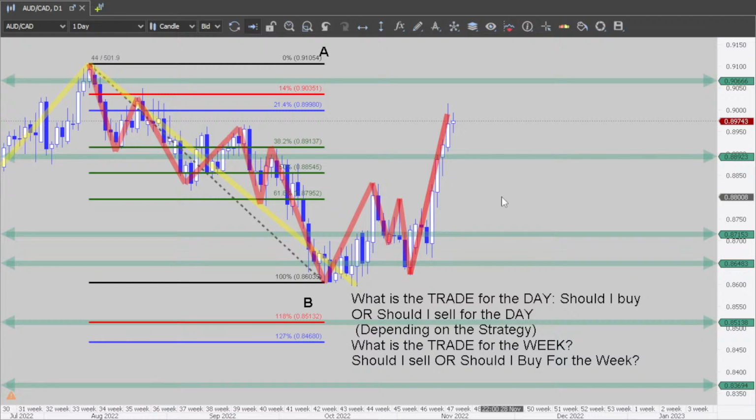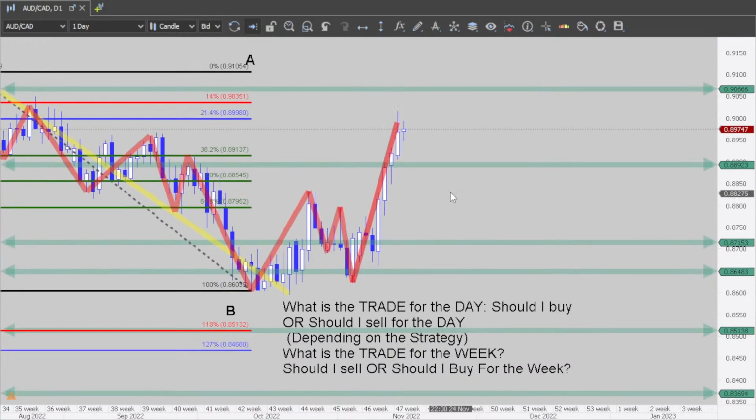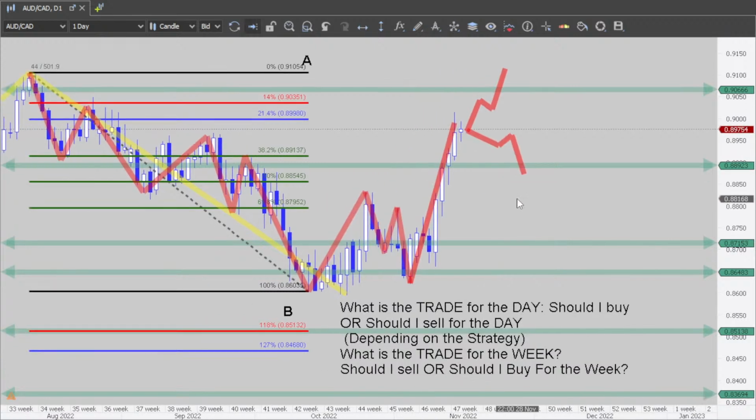This is the daily chart. Tomorrow and tonight something is going to happen, or the market is going to go up, or the market is going to go down. Make sense? Then says Fibonacci stronger, okay?